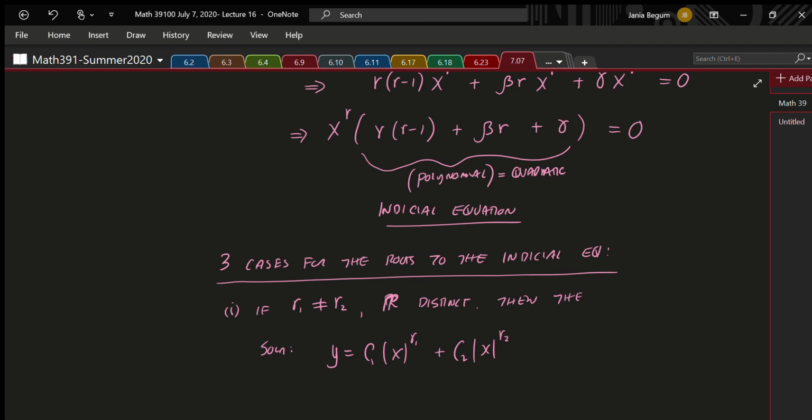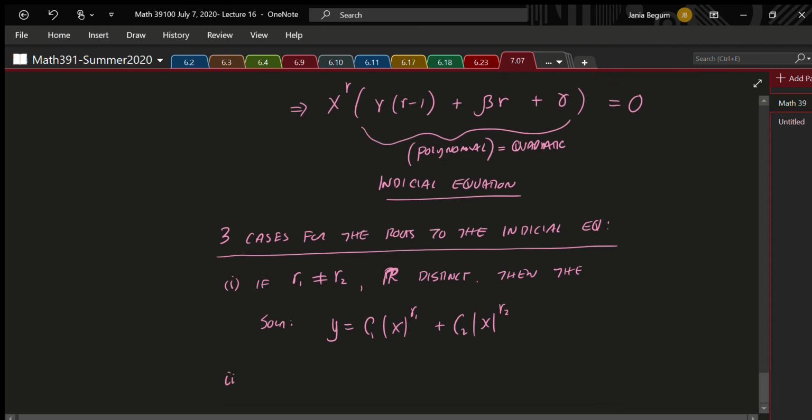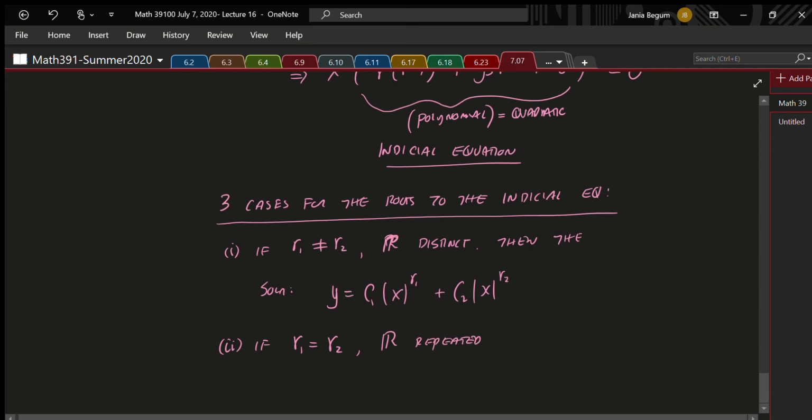Now what about the second case? If r1 is equal to r2, that's real, repeated. Just like before, the first solution looks like c1 absolute value of x to the r1 plus, now how would the second independent solution look?